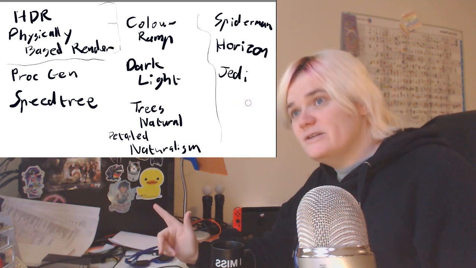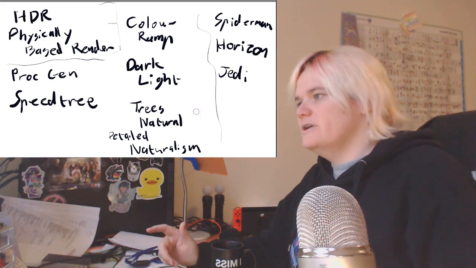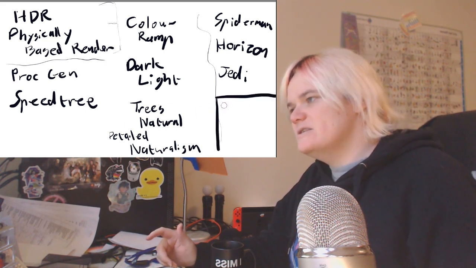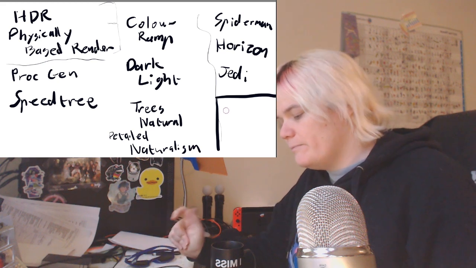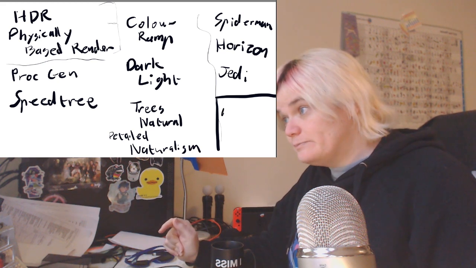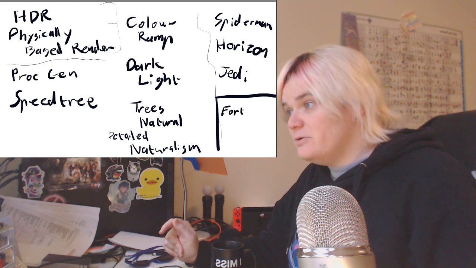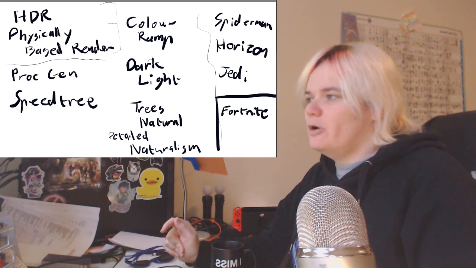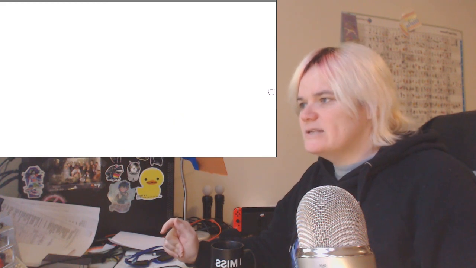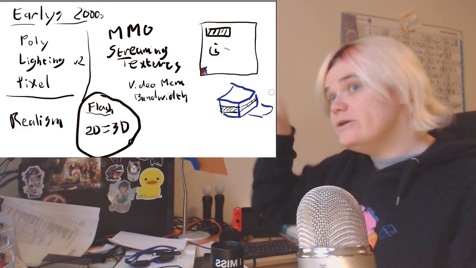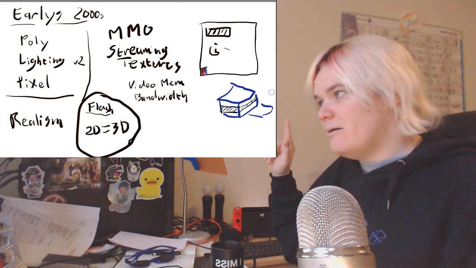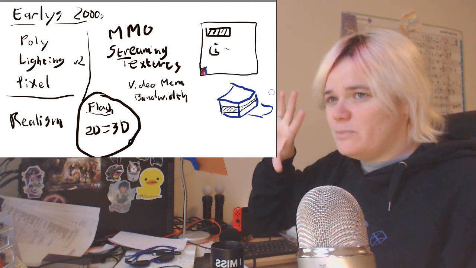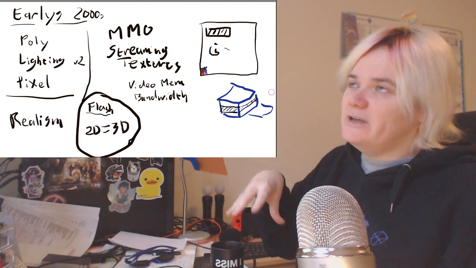Now there's outliers, which I'd say are still from the previous generation, and those outliers tend to be things like Fortnite. The interesting thing about Fortnite is that even though it boomed in popularity in this period, its art style was mostly defined pre-UE4, because Fortnite actually started as a tech demo to build out the Unreal Engine.